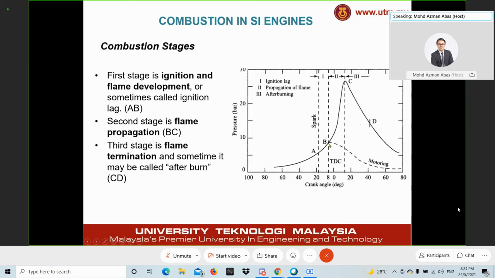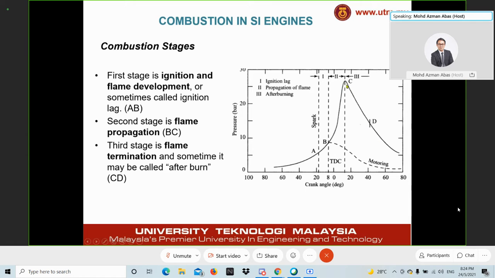Now after B is the second phase, where you can notice that the pressure aggressively increases. This is the flame propagation. This is when your peak pressure would be achieved. So the maximum pressure is from point B to point C, and immediately after the peak pressure, the pressure starts to go down.